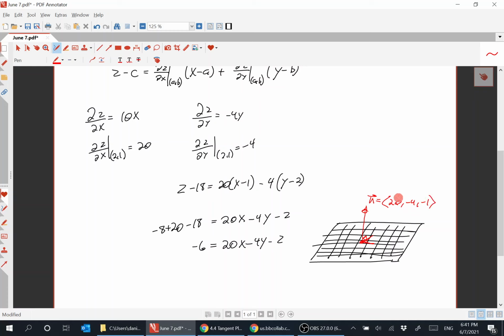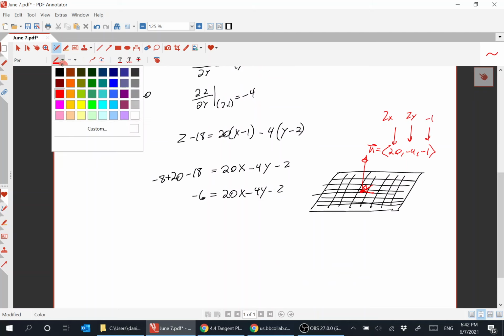You'll notice that that's the partial derivative with respect to x, the partial derivative with respect to y, right, zx, that's zy, and this is negative 1. That's always just negative 1. When you use this form to find the tangent plane, there's always a 1 coefficient for z. Well, 1 over here, negative 1 if you flip it to the other side.